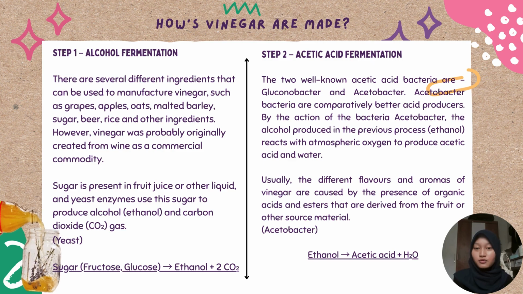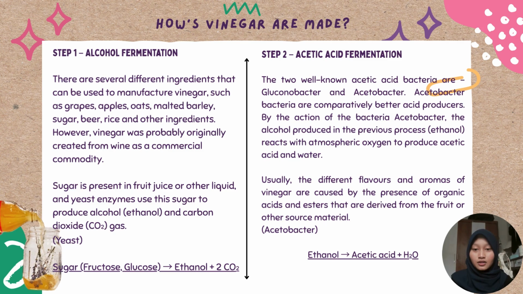However, vinegar was probably originally created from wine as a commercial commodity. Sugar is present in fruit juice or other liquid. A yeast enzyme uses this sugar to produce alcohol, which is ethanol, and carbon dioxide, which is CO2 gas.